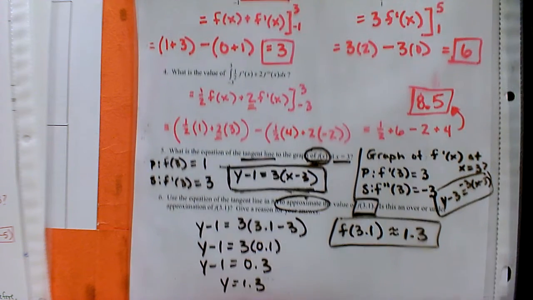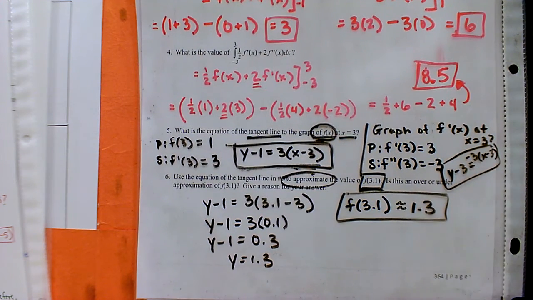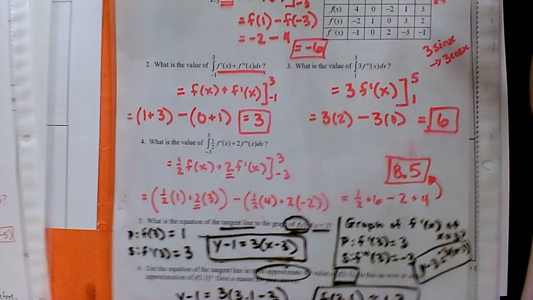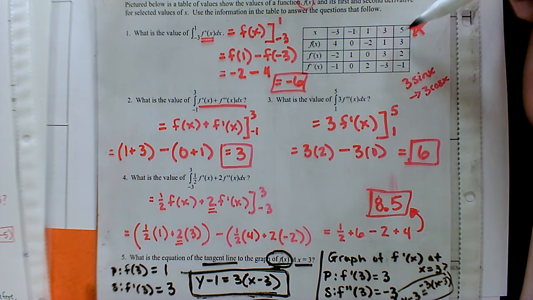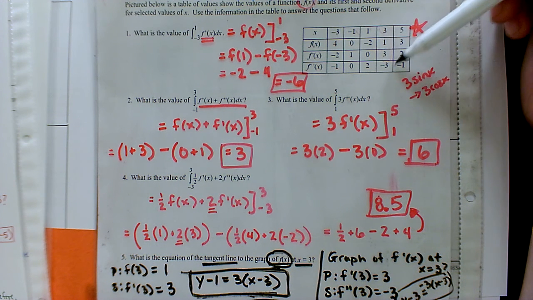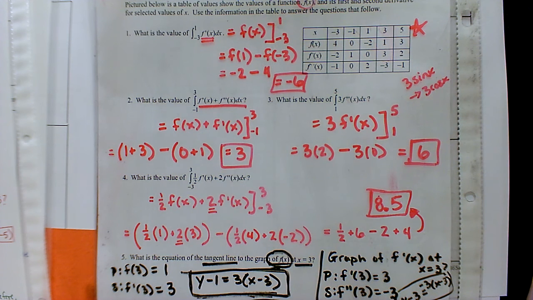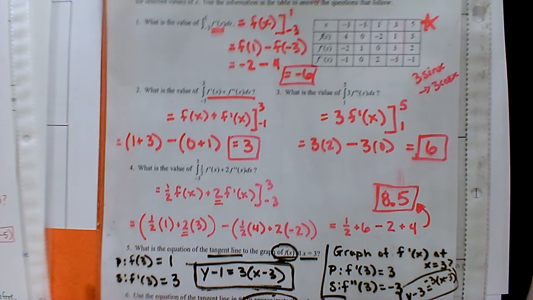We don't have 3.1, but f double prime of 3 and of 5 are both negative. Notice how 3.1 is between 3 and 5 in the table, and both these values are negative. What if the 5 was positive? Not enough information. You can still say over, because it's tangent at x equals 3.